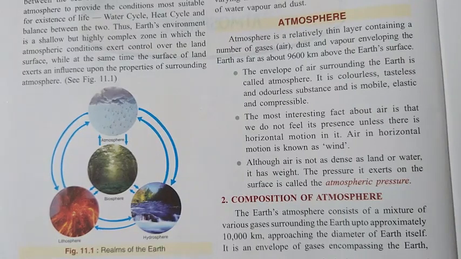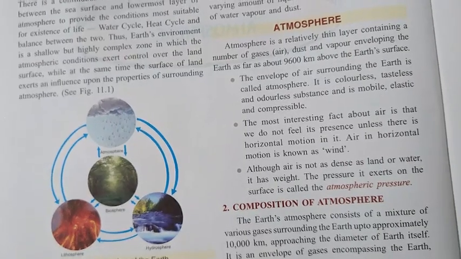Like water is maintained over the whole earth, even on the land and in the atmosphere, everywhere, by the cycle called the water cycle. In the same way the other cycles maintain all these things which are very essential elements supporting life. So from this chapter we are going to see about the atmosphere.